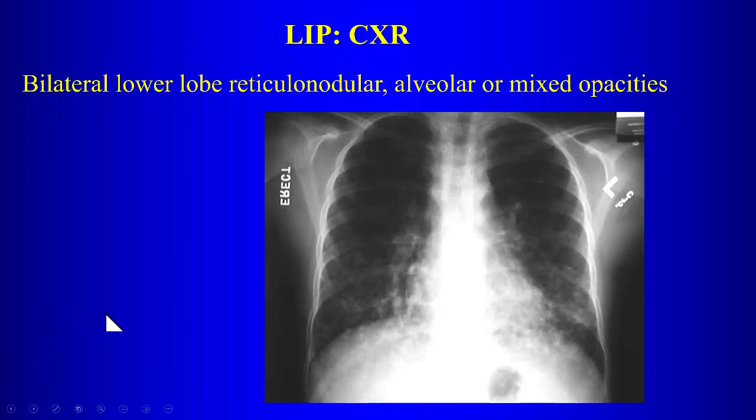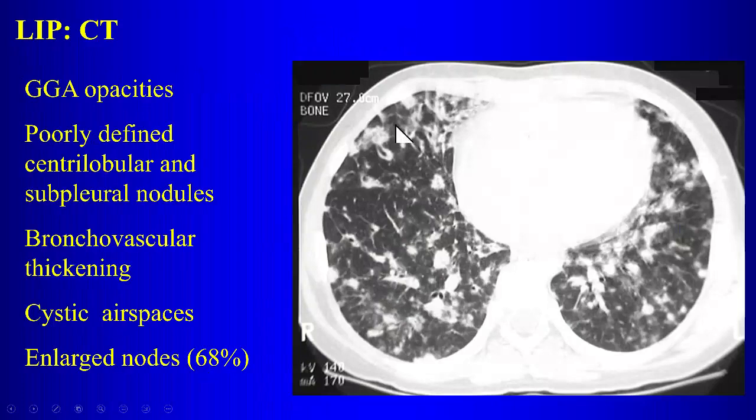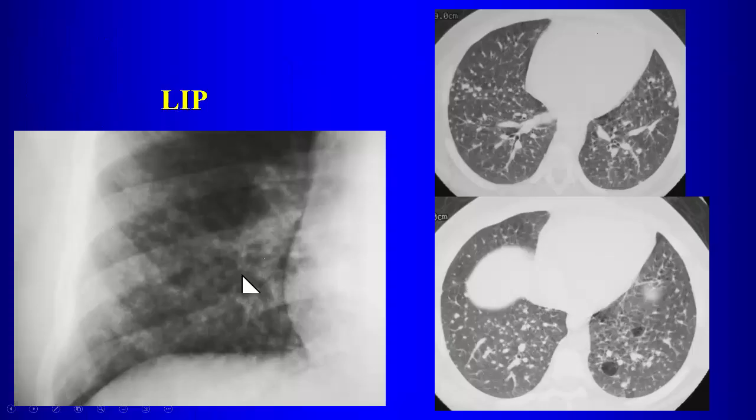We can have alveolar opacities, reticular nodular opacities. Here you have some larger nodular opacities, and you can get smaller nodular opacities. The most specific finding, though, seems to be the cystic air spaces.